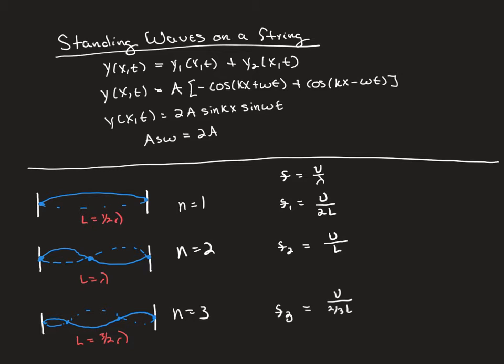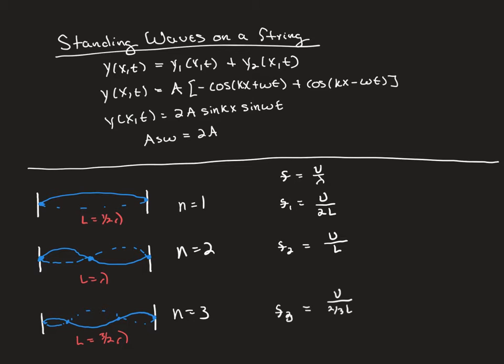So we're adding together those two wave functions, and using some trig identities, we can end up with this relationship I've written here. The important thing to note is that it's 2 times the amplitude. So the amplitude of a standing wave is 2 times the amplitude of the original wave, the wave that went through and then the reflection back.